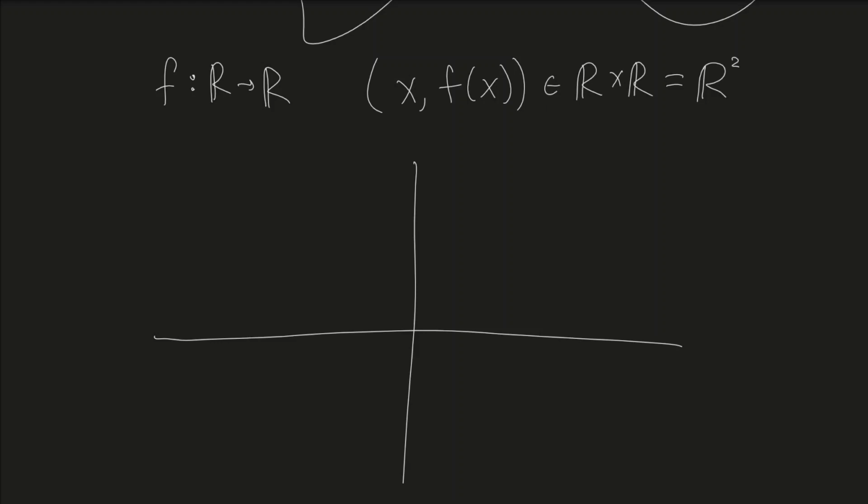And so for each element x in the real numbers, we can plot a point in the plane that corresponds to (x, f of x). Okay, well, I can do this for all the elements x. It's going kind of slowly, but I think you'll see the point.